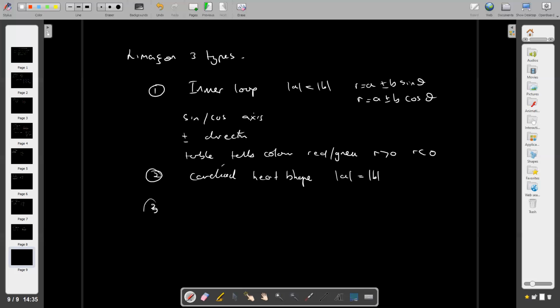And thirdly, we have the dimpled limacon, which will be when mod A is greater than mod B. For the inner loop in particular, really do pay attention to which parts are green and which parts are red.